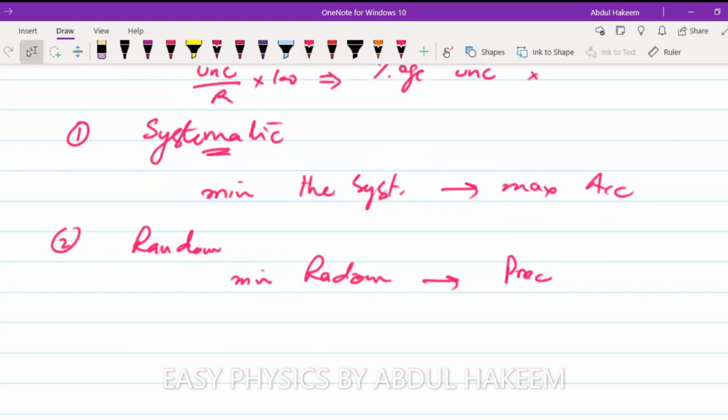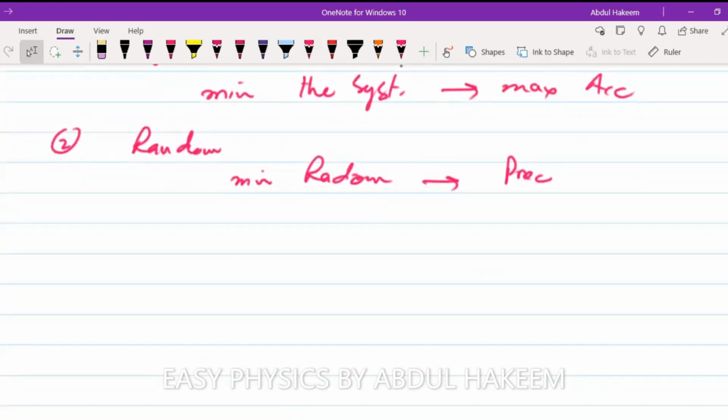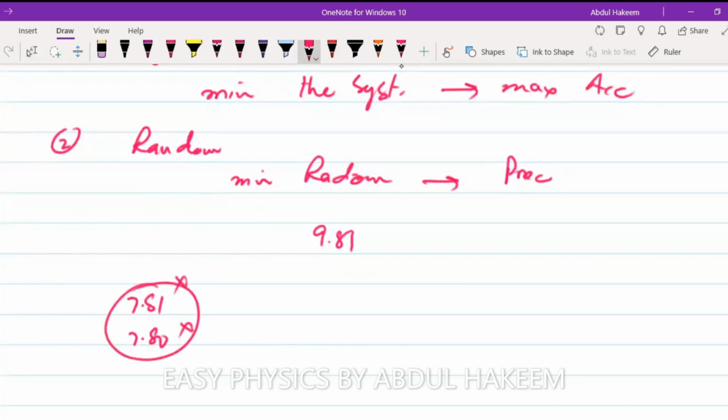But for the precision, we have to compare the readings with each other, the degree of deviation among the readings. If the readings are very close to each other, then they are precise. For example, if the true value of g is 9.81 and two values are coming, suppose 7.81 and 7.80, these values are not accurate, but close to each other. So they are precise.